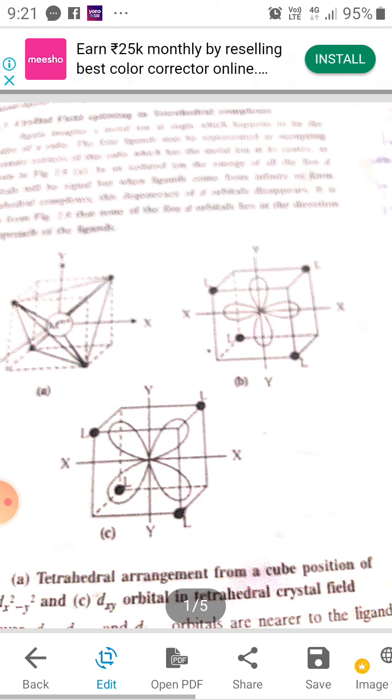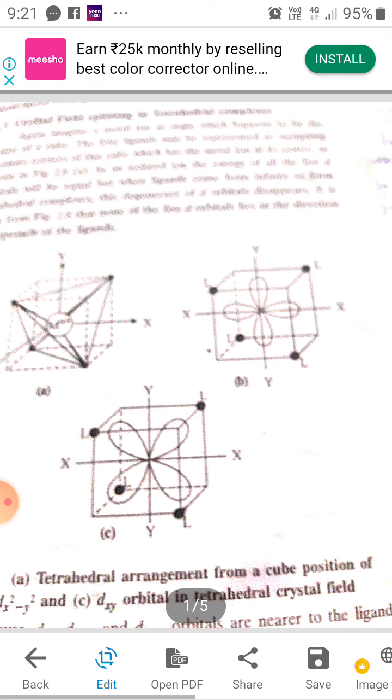In an isolated ion, the energy of all the 5d orbitals will be equal. Then when the ligand approaches in the tetrahedral complex, the ligand approaches in between the axes, and due to this the orbitals dxy, dyz and dxz experience repulsion.